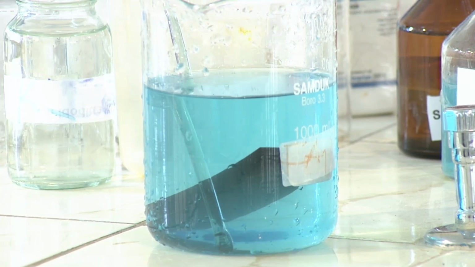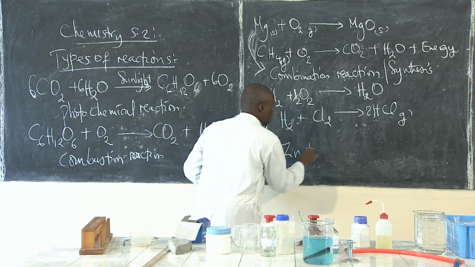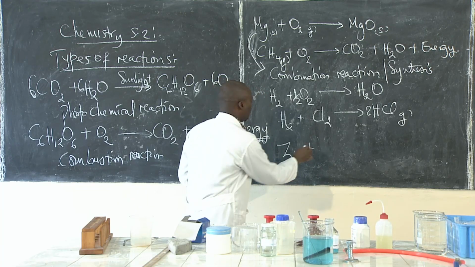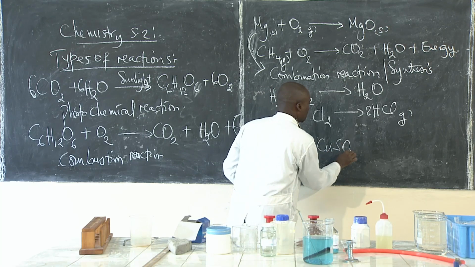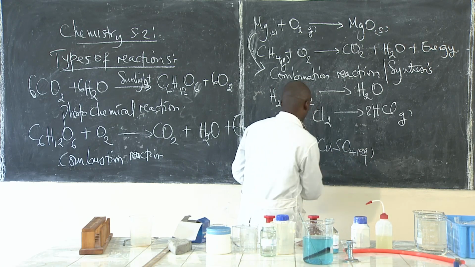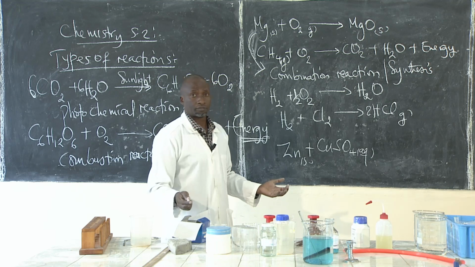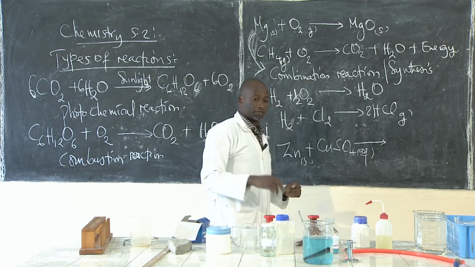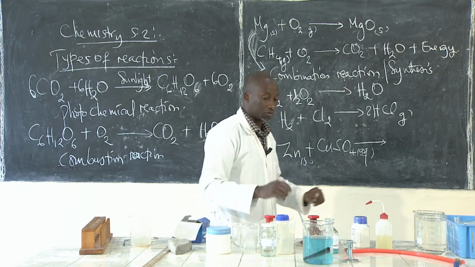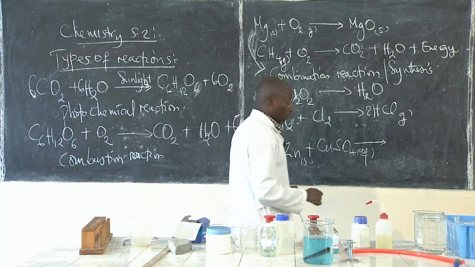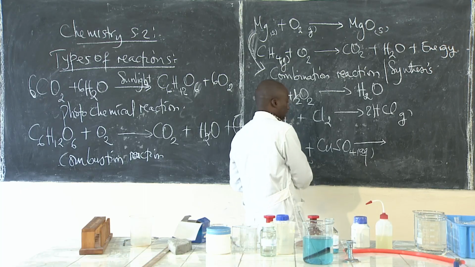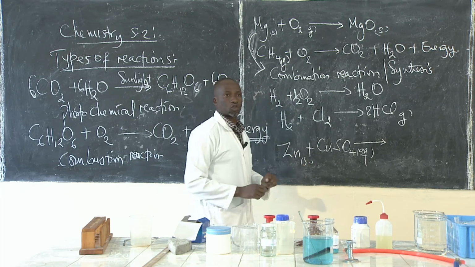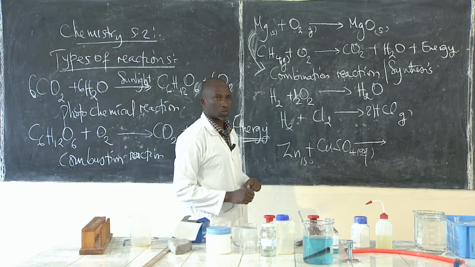Well, we have zinc combining with copper sulfate. These are the substances in this reaction. This is a solution, and this was the metal. After some time, we just have to leave it there, and the zinc metal displaces the copper from its solution.